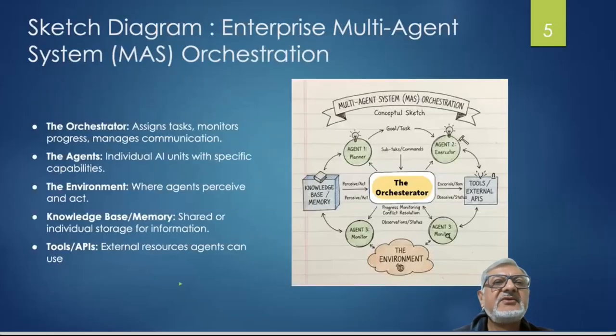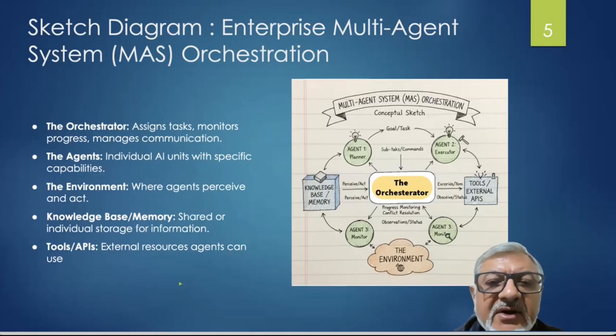This is a sketch diagram which shows an enterprise grade multi-agent system and its orchestration. At the heart of the enterprise grade agentic AI system, we have the orchestrator. The orchestrator is able to communicate with different agents.